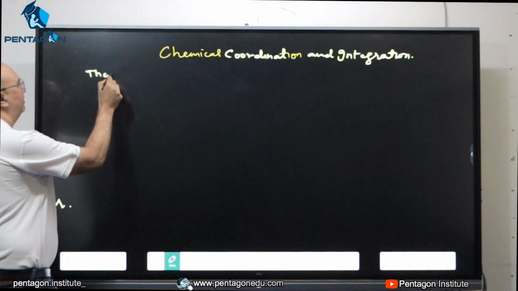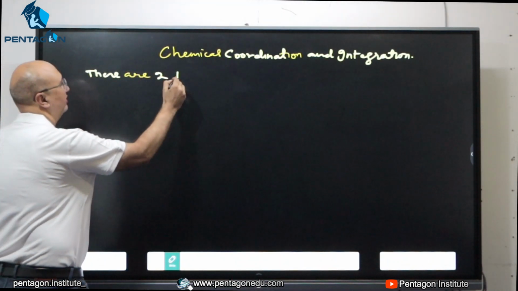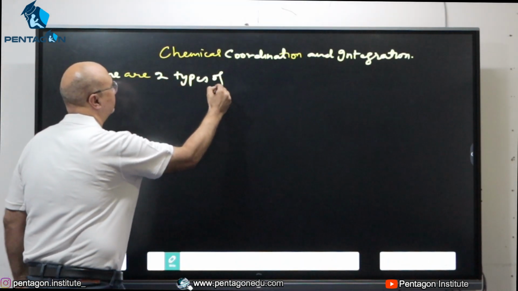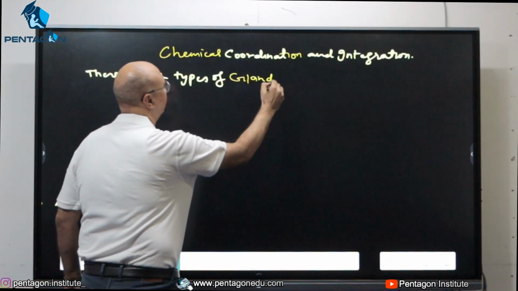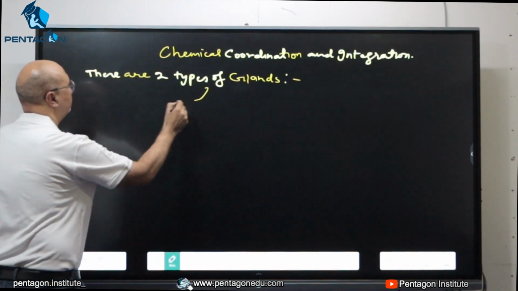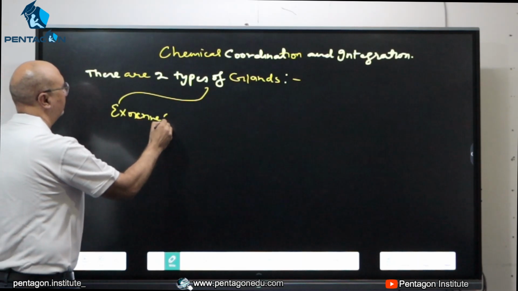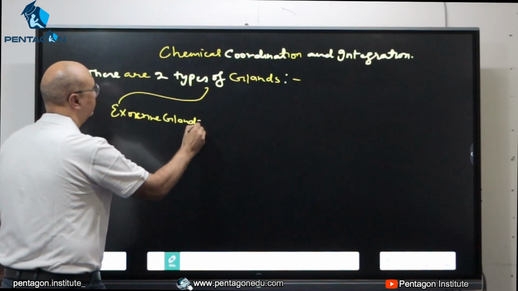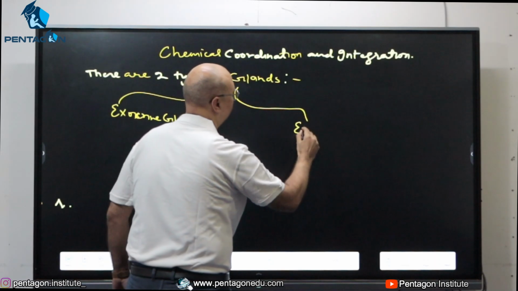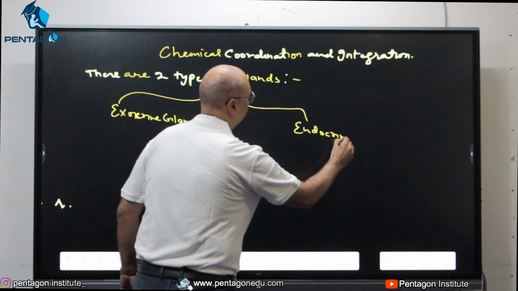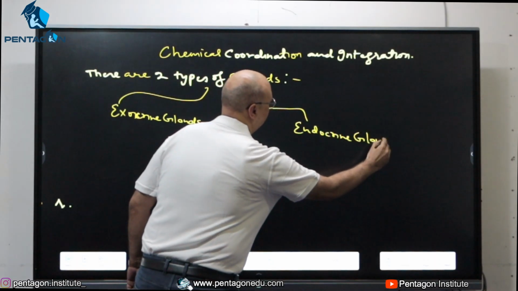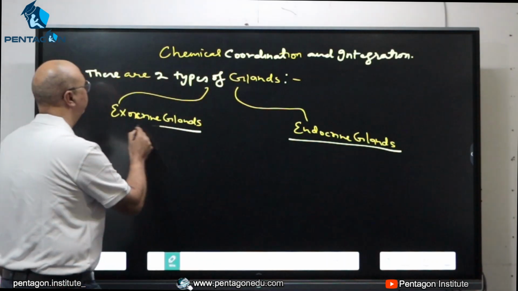So there are two types of glands: exocrine glands and endocrine glands.